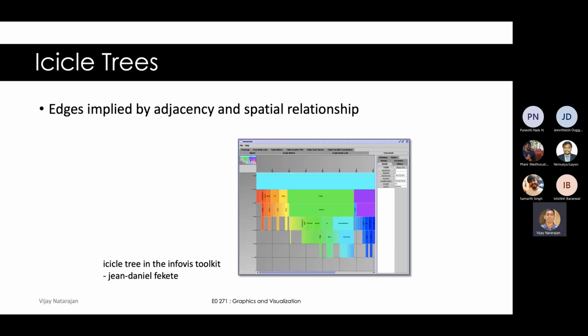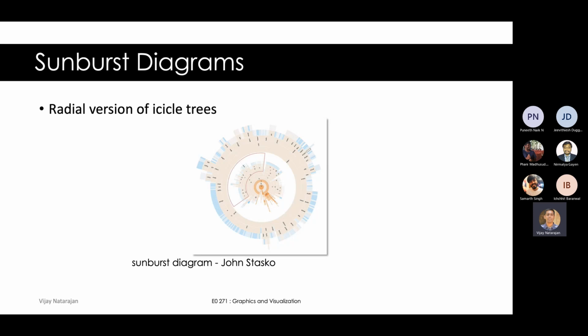The Icicle tree shows hierarchy and also how balanced the tree is and so on. There is a radial version of this Icicle tree called the Sunburst diagram. This is quite popular in the biology literature to show different biological networks.